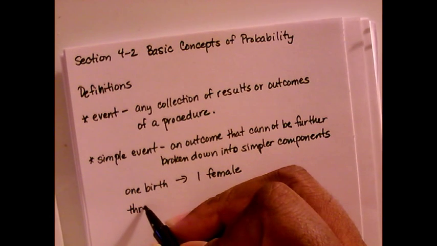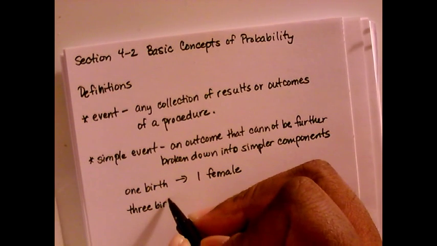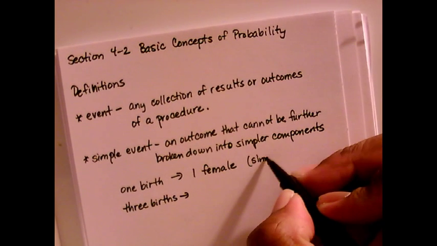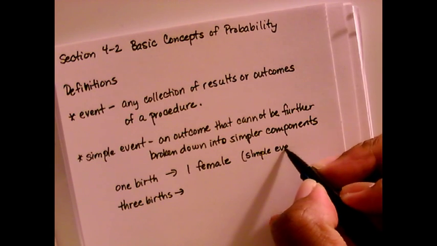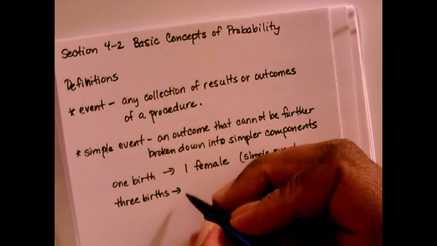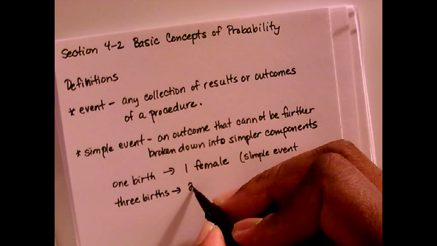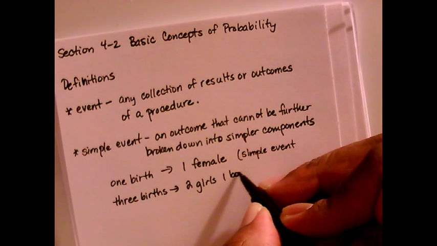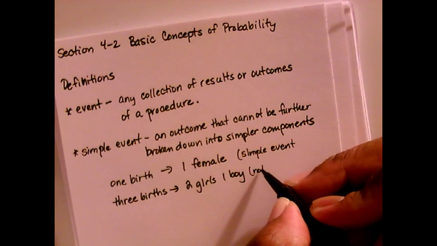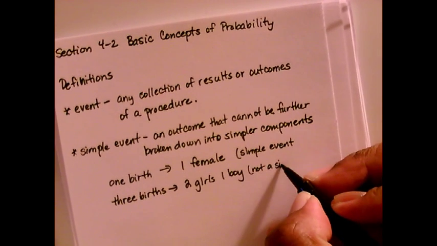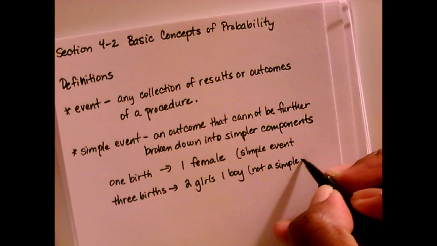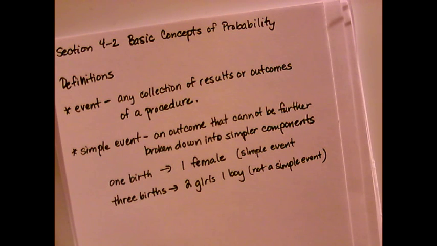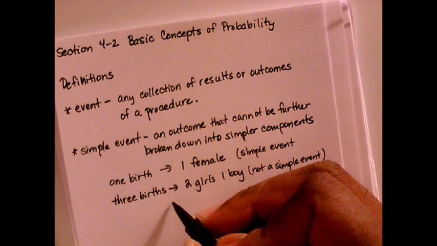But let's say you had 3 births. Okay. So here this is a simple event. But with 3 births, let's say you had 2 girls and 1 boy. This is not a simple event. Because for 2 girls and 1 boy, I could have simpler events like this.